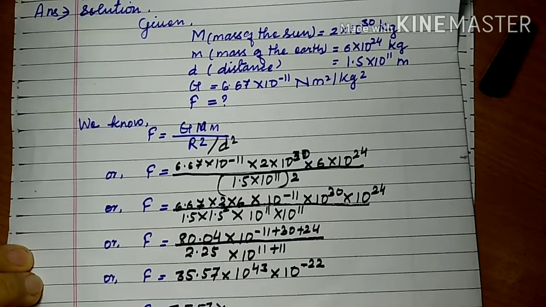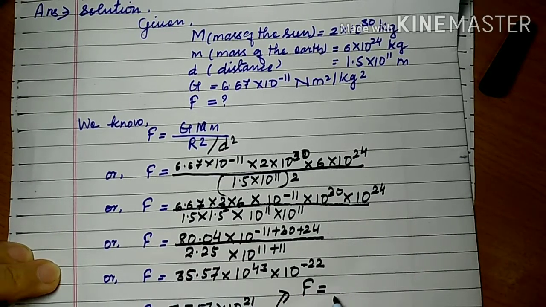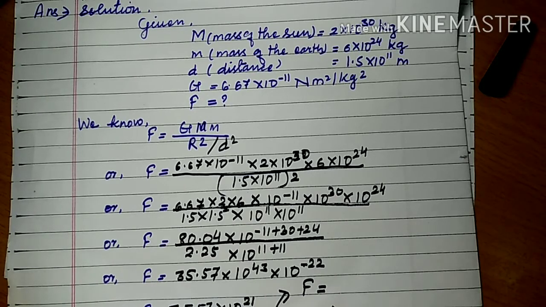Further calculation, 35.57 into 10 to the power 43 minus 22, yes, power will get subtracted, and this is 21. Now further calculation, F equal to, now we are going to shift decimal point one digit towards left, 3.557.